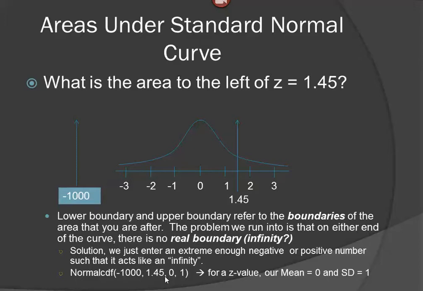This is my right-hand boundary. And when we're dealing with z, the mean is always 0 and the standard deviation is always 1. When you hit enter after entering that information, you should see 0.9265, which represents the area between the boundaries that we have set up here.